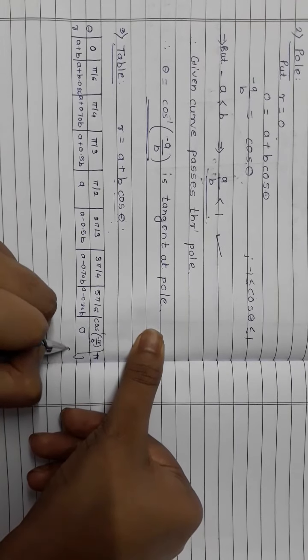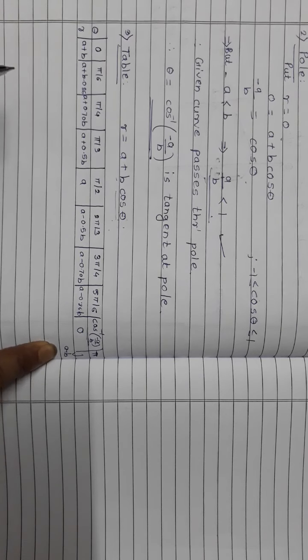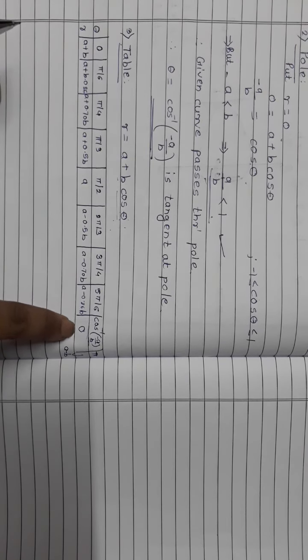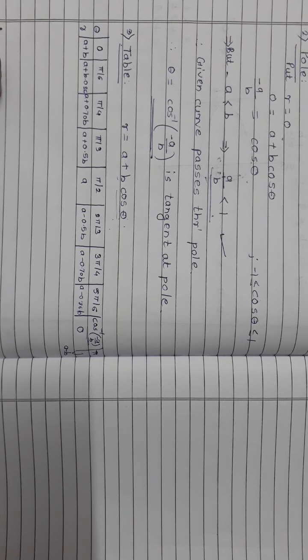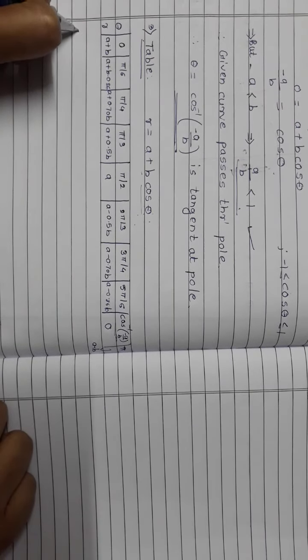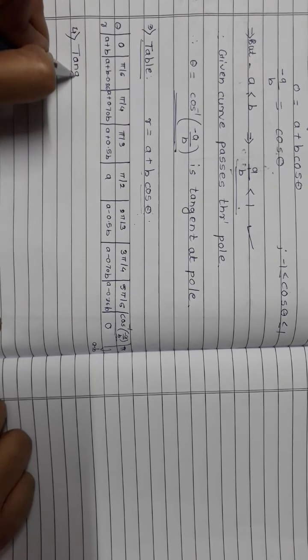So that's why it passes through the origin, so somewhere I'm getting 0, so at this point it will touch the pole, right? And let's go to the next part, that is tangents at other points.